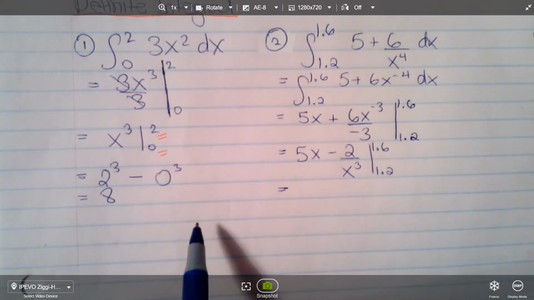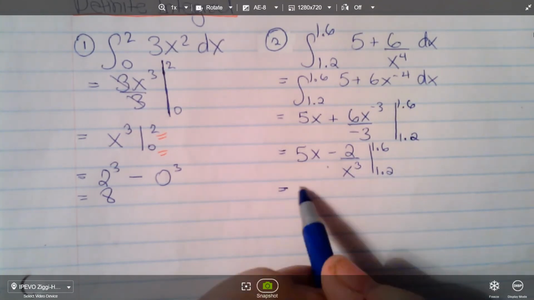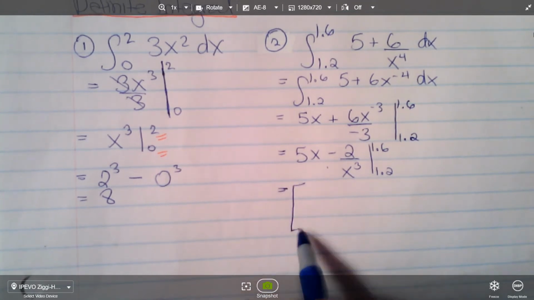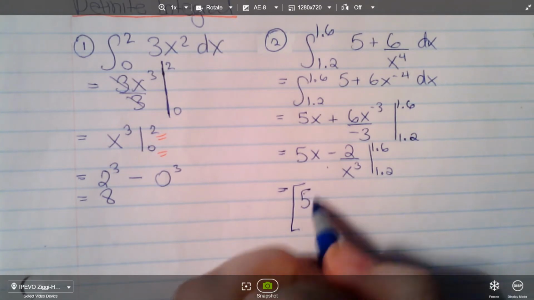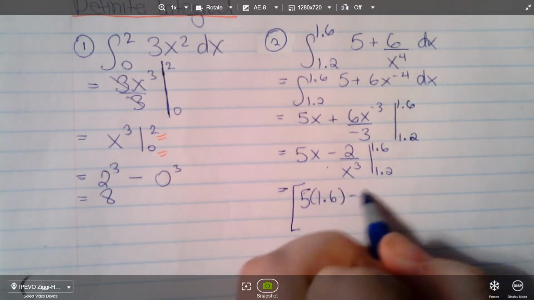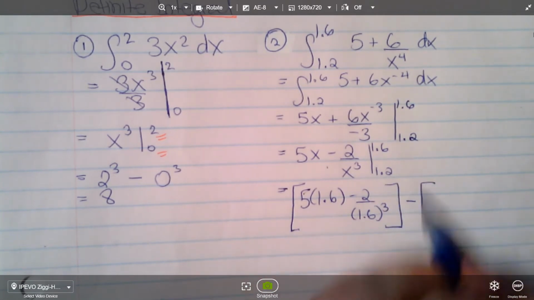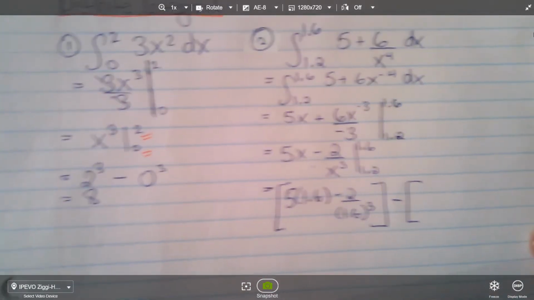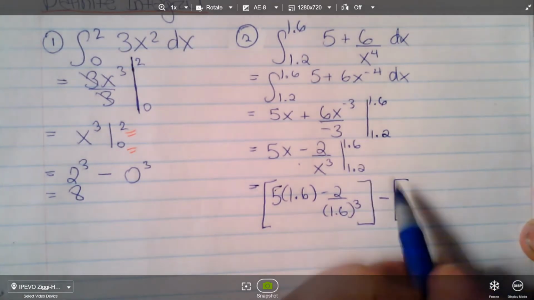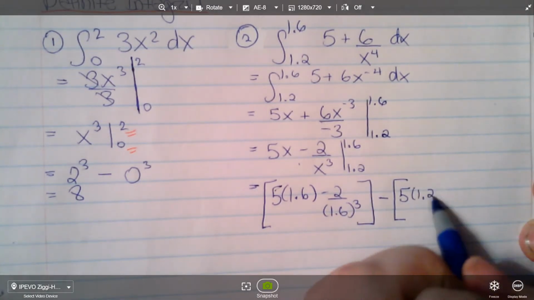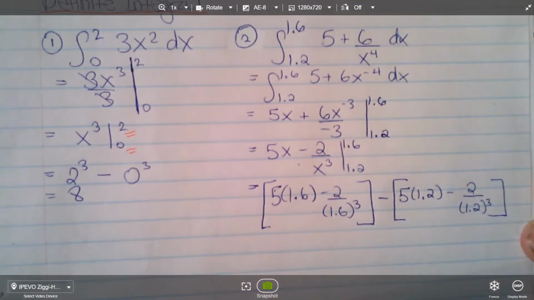Alright, so I need to find this 1.6 and 1.2. Try to use brackets. I always use big giant square brackets. I use that to help me keep straight where I have this part of the function and then where the minus is, because you really have to watch that minus. It's very easy to miss it and not have it expand all the way through. So I always use these big giant brackets to help me keep straight what is in each one.